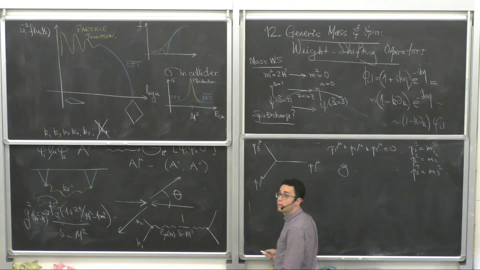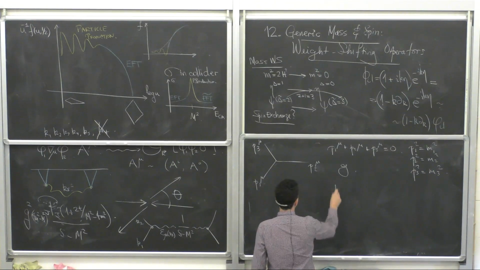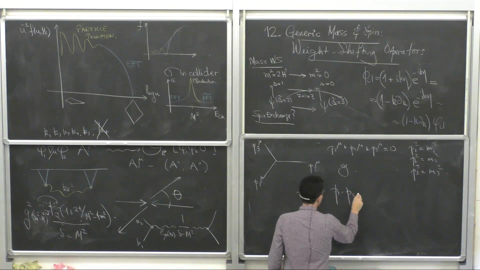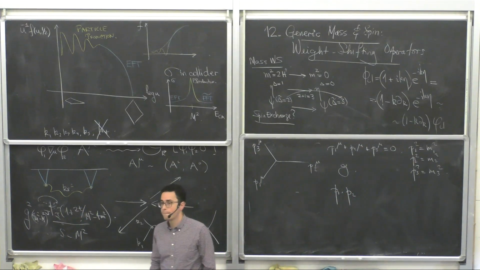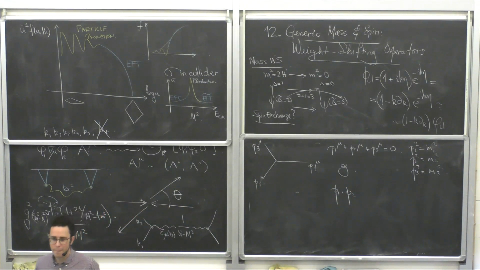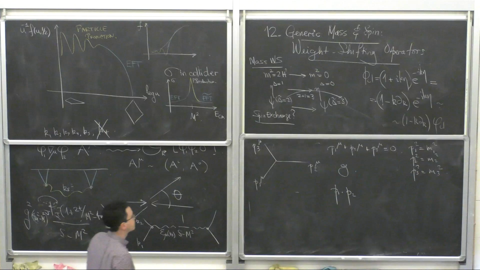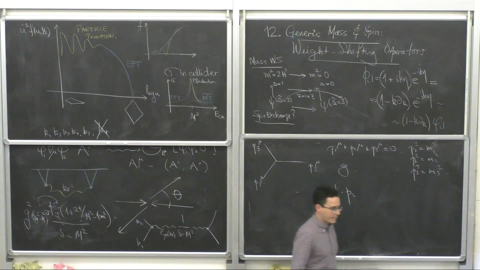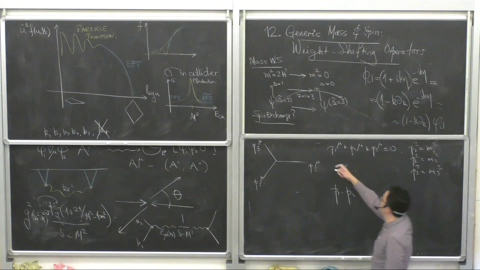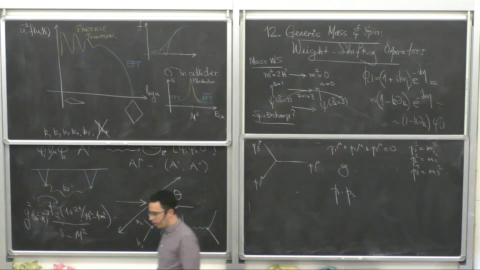Why? Give me a Lorentz invariant. Why can't I build this? What's wrong with this? Why not? We are on translation invariance, it's just that the P's add up to 0. What's wrong with that? That's Lorentz invariant, P1 dot P2.